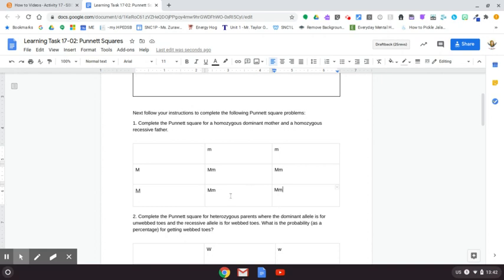So we know the baby's heterozygous dominant, but they're all going to have the same phenotype because we're only going to see a dominant trait. Out of all the possibilities, we're only going to get dominant responses.